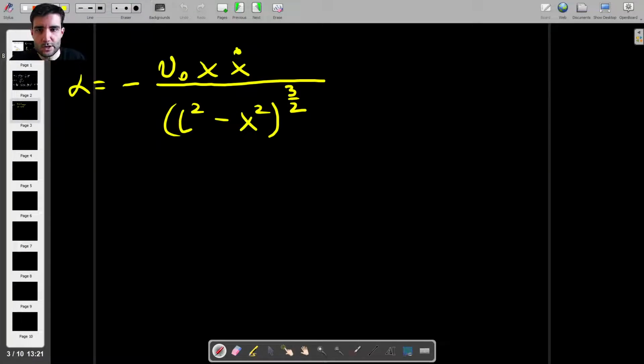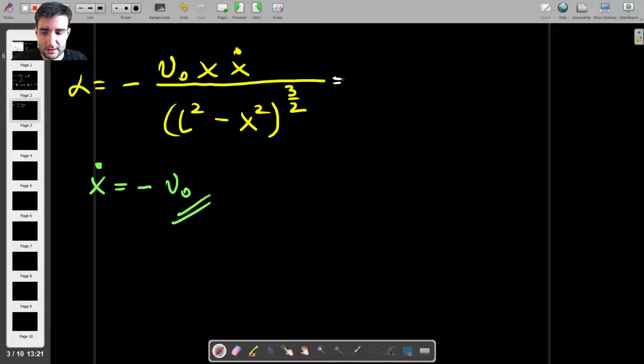Now, we know everything in here except for x dot. We don't yet have an expression for x dot, but we don't have to worry about that because we know what it is. So x dot is actually the rate of change of x, which is V0, or rather it's minus V0, like this. Okay, because x changes, x becomes smaller, so we have to take this into account.